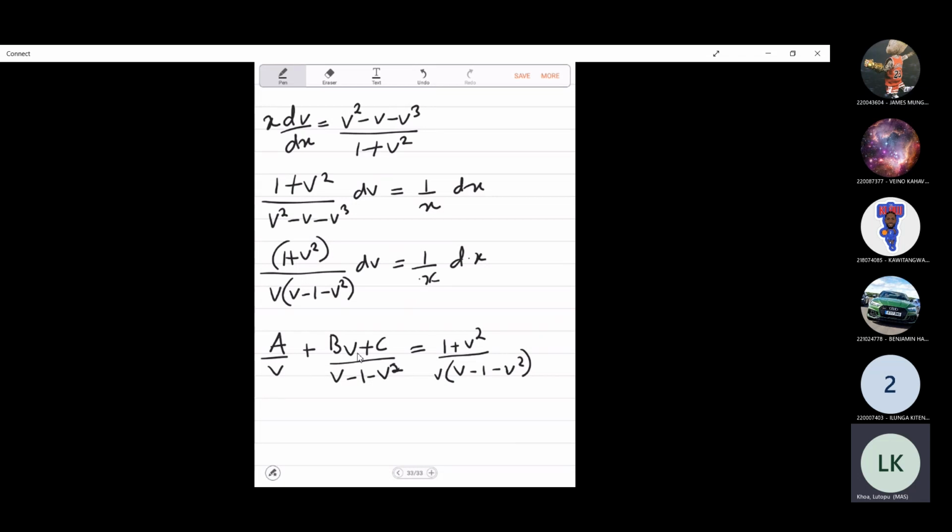But what you should have on this side after you break this up is minus 1 over v, minus 1 over v minus a half squared plus 3 over 4. Okay, so I got a as minus 1, b as 0, and c is 1. So that is what I have over here.